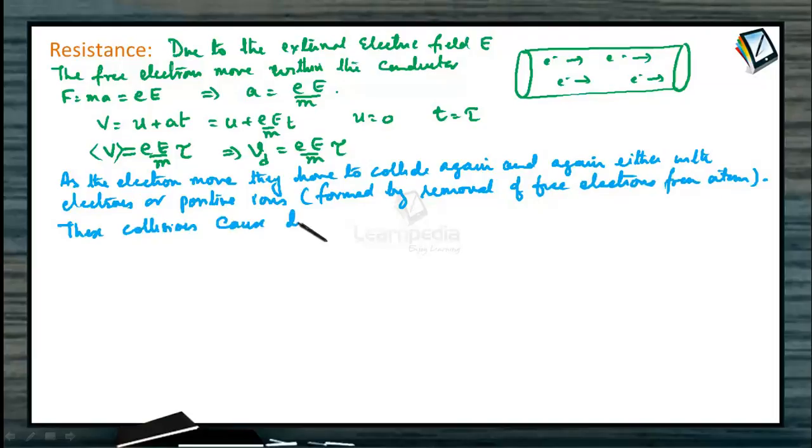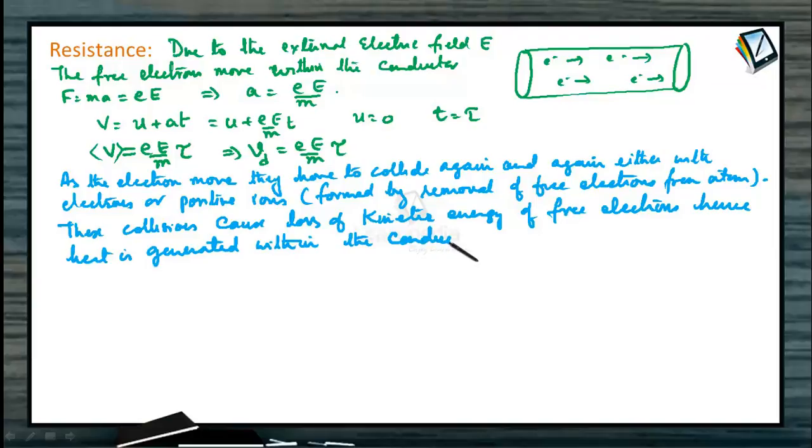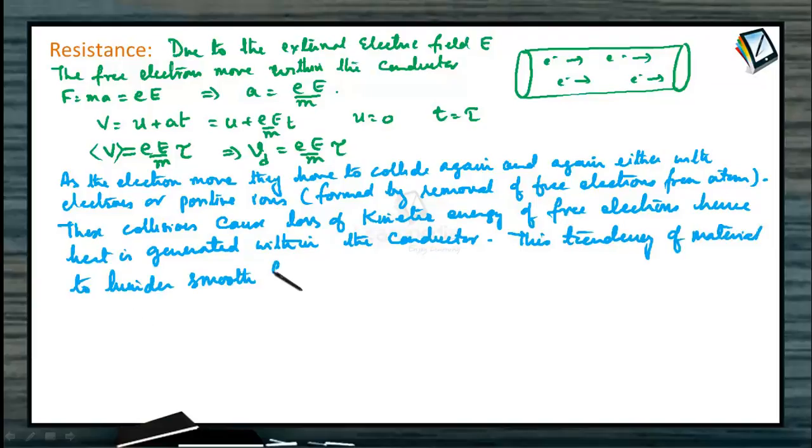These collisions cause loss of kinetic energy of free electron. Hence, heat is generated within the conductor. This tendency of material to hinder smooth flow of electrons is called resistance.